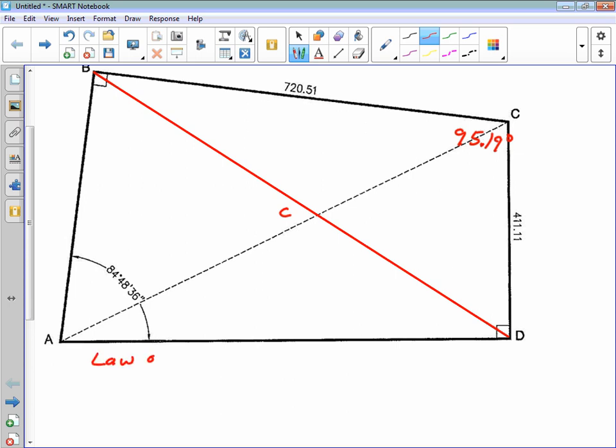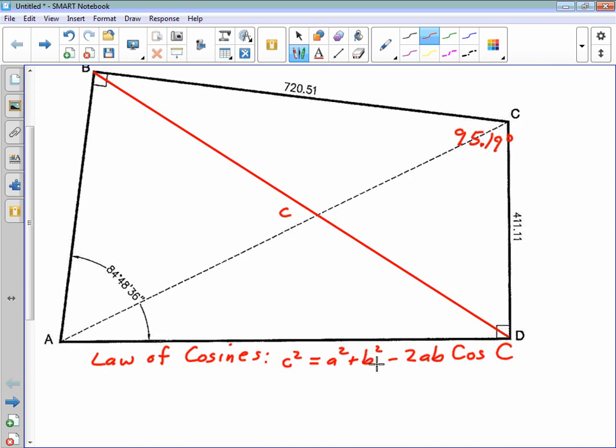So, law of cosines. From section 9.4, and maybe from last year in FST, you know that c squared equals a squared plus b squared minus 2ab cosine C. Now don't freak out if you don't have an a and you don't have a b.